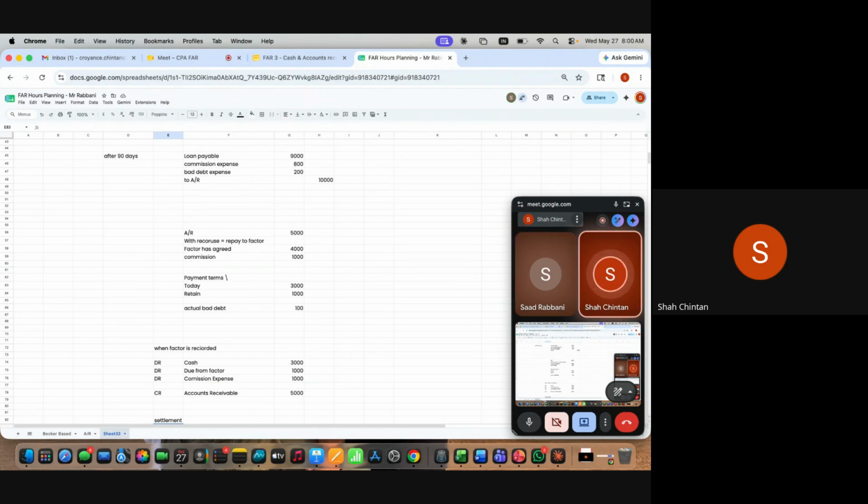So your entry is cash debit 3000, due from factor debit 1000, commission 1000 to accounts receivable.